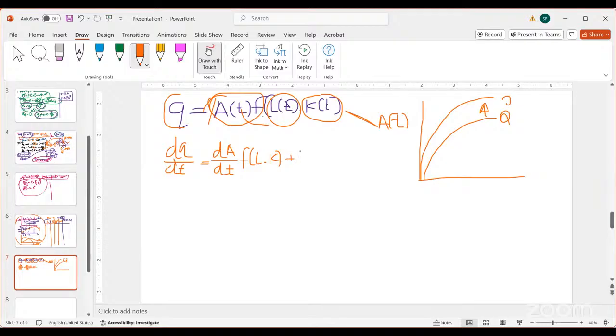Plus A, L, K. That is the second equation I got, just differentiating the production function with respect to t.